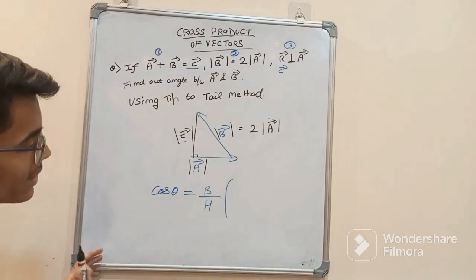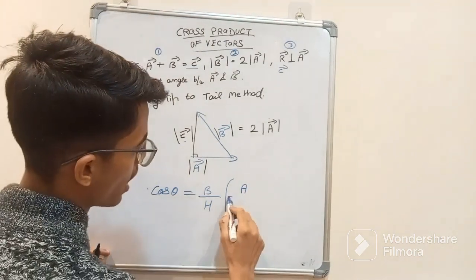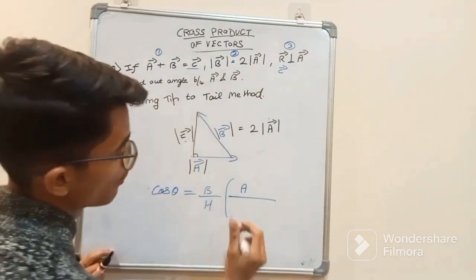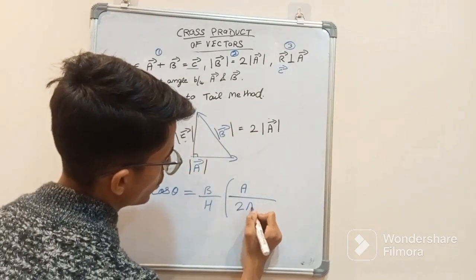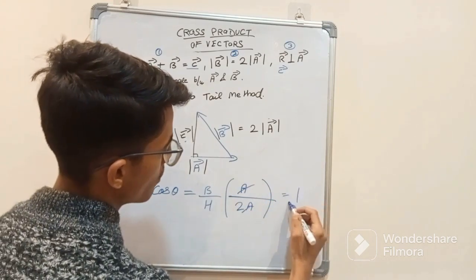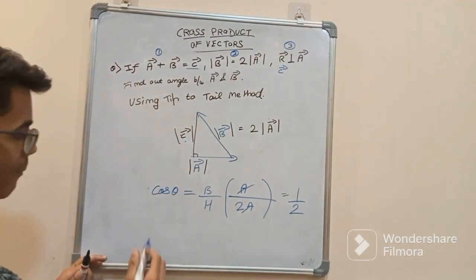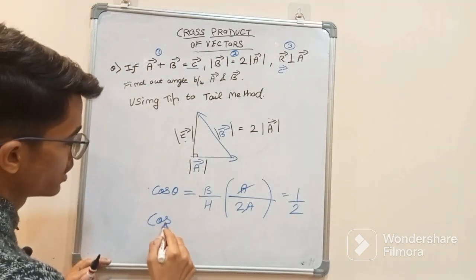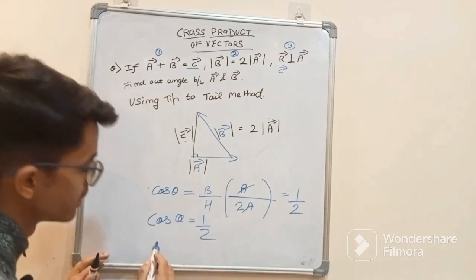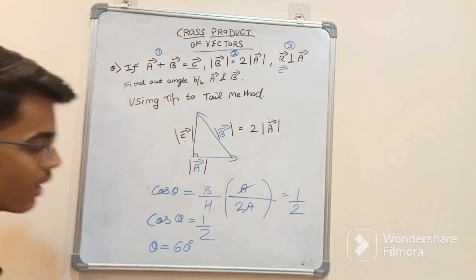and in place of base we have A, just we'll take the magnitude, and in place of hypotenuse we have B, that is equal to twice of A, that is 2A. A and A will cancel out, we are left with half, and now cos theta is equal to 1 by 2, that signifies theta is equal to 60 degree.